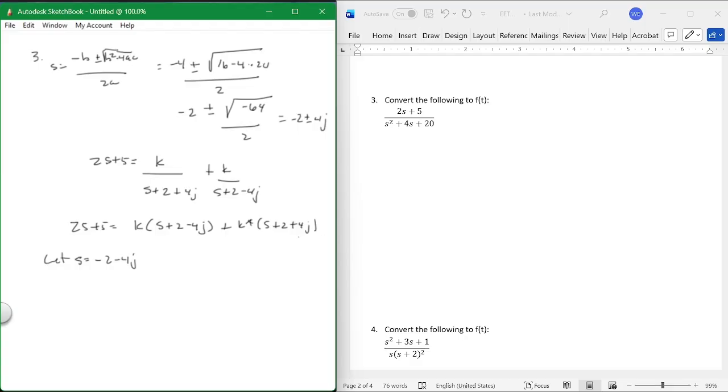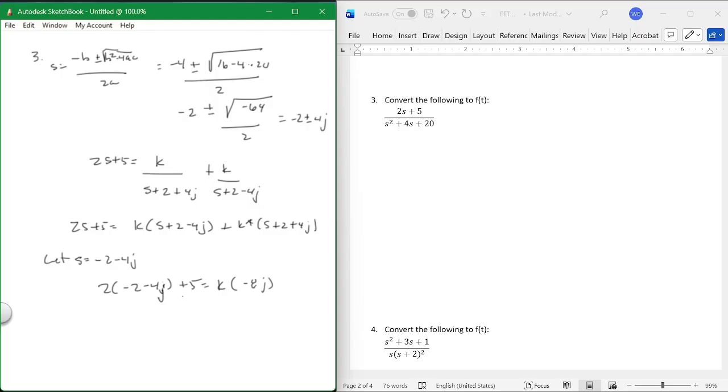And that will knock out this one, but it won't knock out this one. So 2 times s plus 5, 2 times minus 2 minus 4j plus 5 is equal to k times minus 8j.